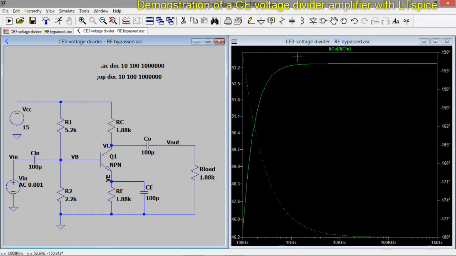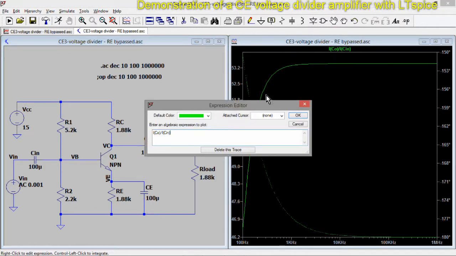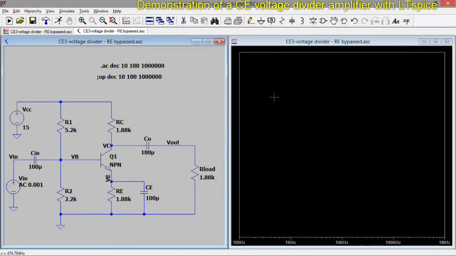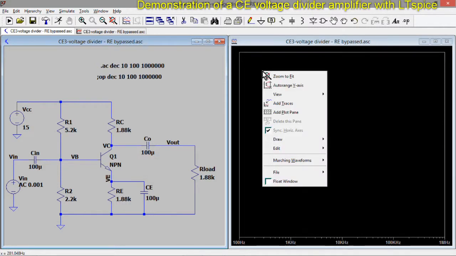So I will remove this from here, delete. Let me run the simulation first with the new load resistor. Previously with an infinite load, AV infinite was 140.